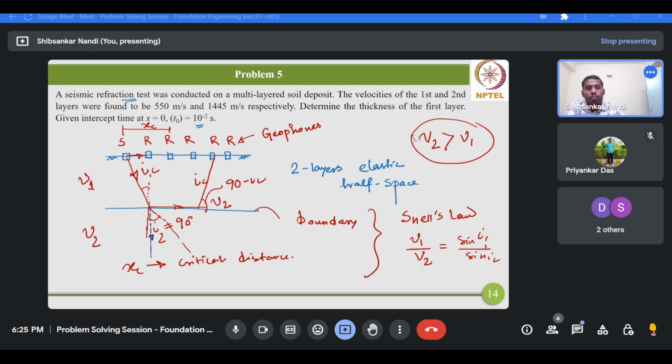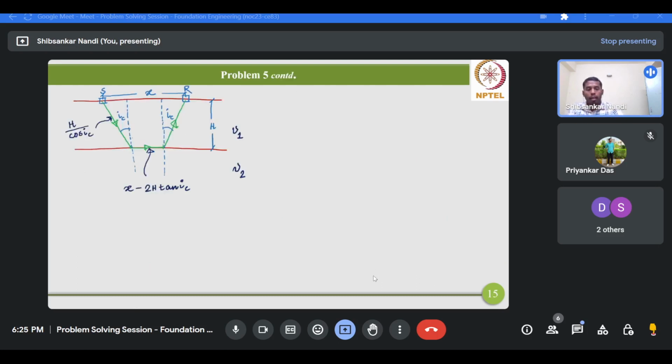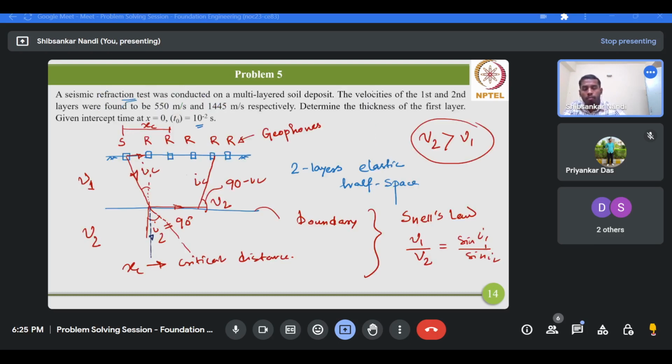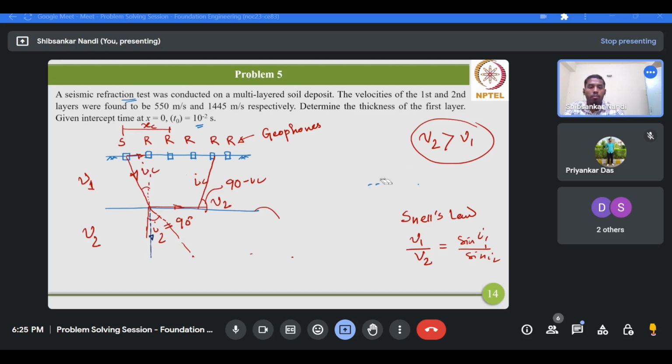Now, coming to the calculation part, from these geophones you will have the travel time of the fast wave, the wave which is arriving fast.